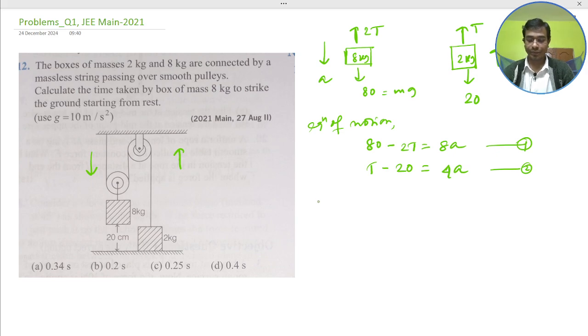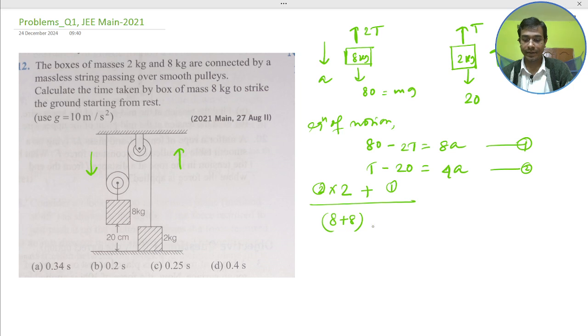So equation number 2 multiplied by 2 plus equation number 1, we get 8 plus 8a, you just calculate it on your own. a is equal to 40 by 88, 16, would be 10 by 4 meter per second square.